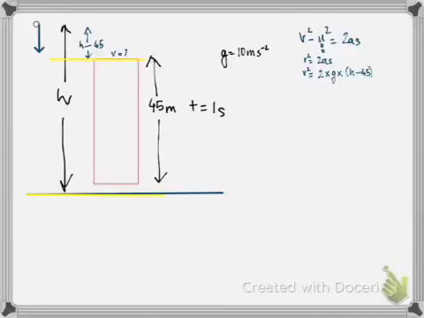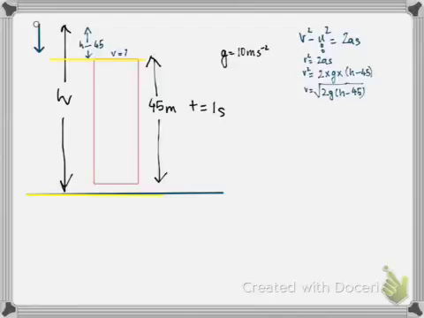Therefore v is equal to under the root 2g(h minus 45). We are not putting the value of g right now, we will put it later.